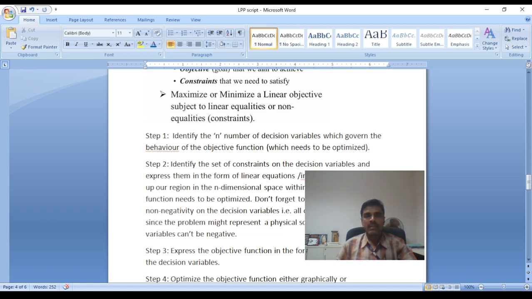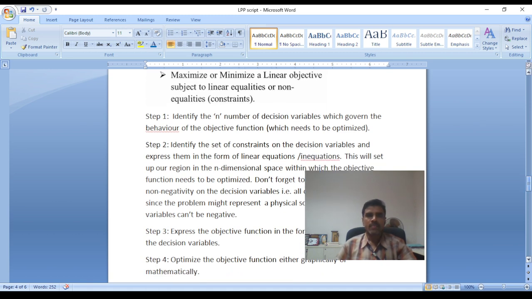The variables may be x1, x2, x3, x4, up to xn, based upon the number of decisions to be taken. So n number of variables, n number of x's will be there.